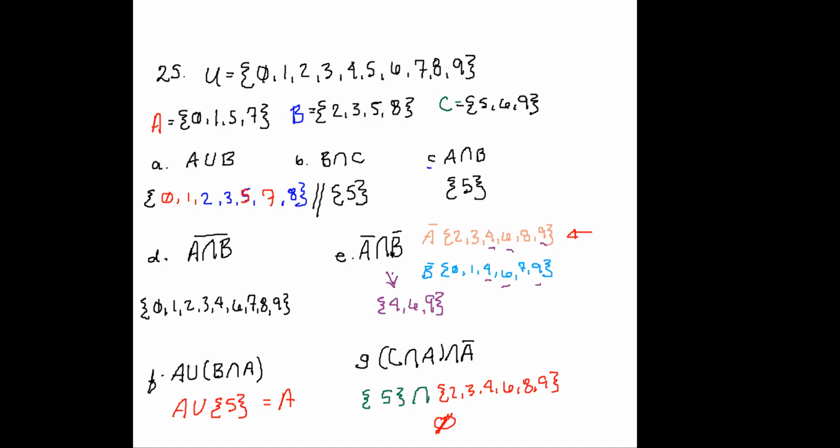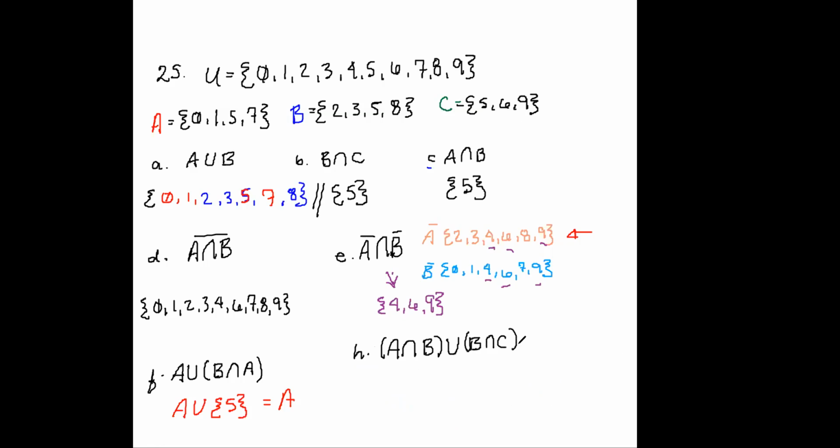All right. I'm going to erase just a little bit of this so that we have space to do part H. Here we have the quantity A intersecting B unioned with B intersecting C. We have done some of these before.